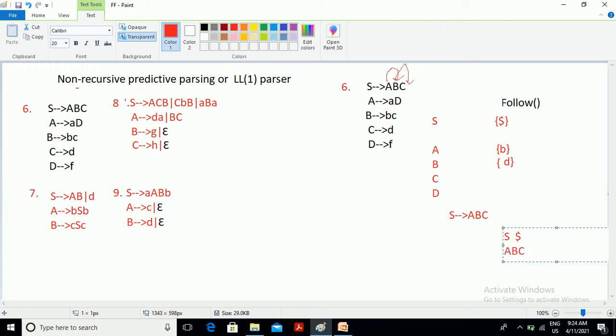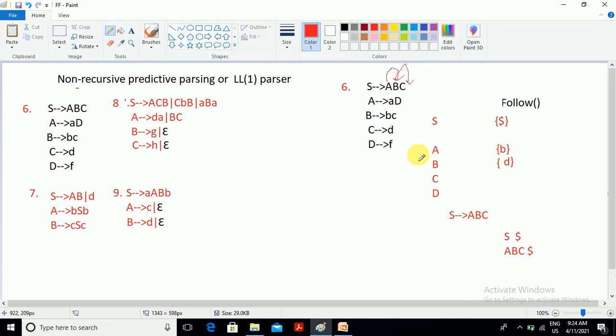The dollar is only there. Now just remember: if you don't find anything after any non-terminal in any production, their follows will become follows of their production variable. If any grammar symbol is in any production and we don't have any character after that, then their follows will become follows of their production variable.